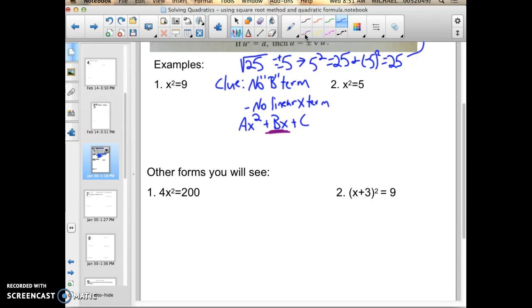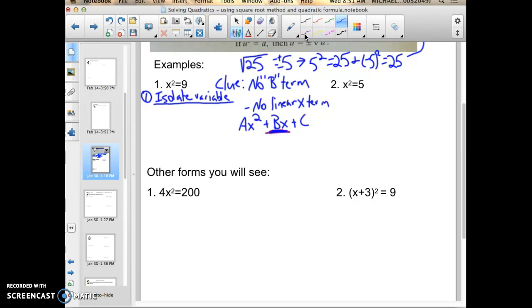The first thing I would notice, again, is the equal sign, and also that there's no b term. That tells me that I could use this square root method if I wanted to. The first step, always, please write this down, is to isolate the variable, meaning getting x, or whatever variable it is, by itself.